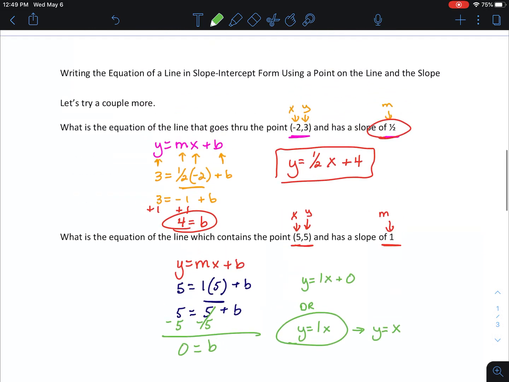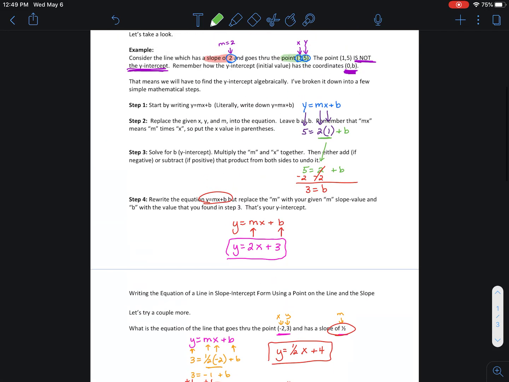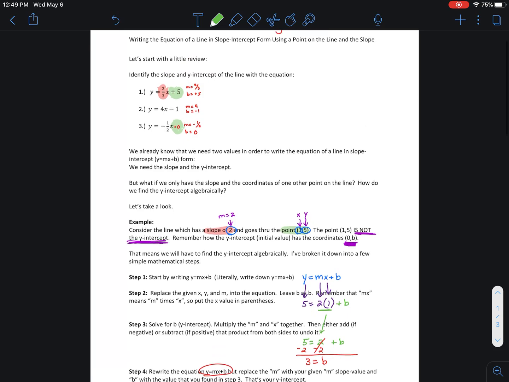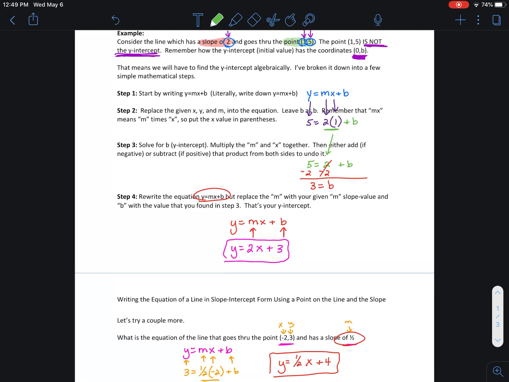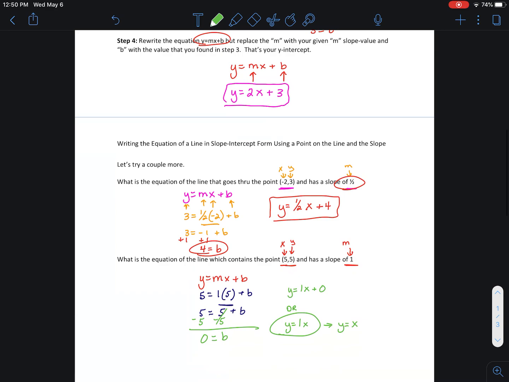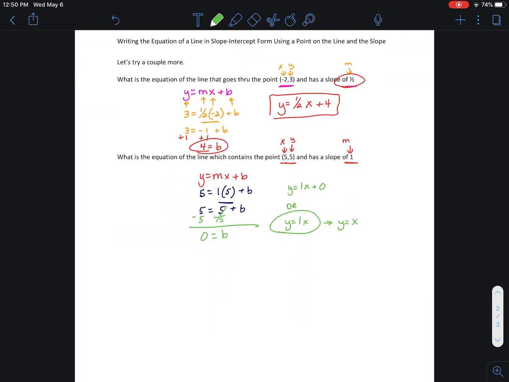So these are the simple steps that we go through in order to find the y-intercept of the line when we're given the point and the slope on the line. Now, I broke it down into step 1, 2, 3, and 4, showed you multiple examples, okay?